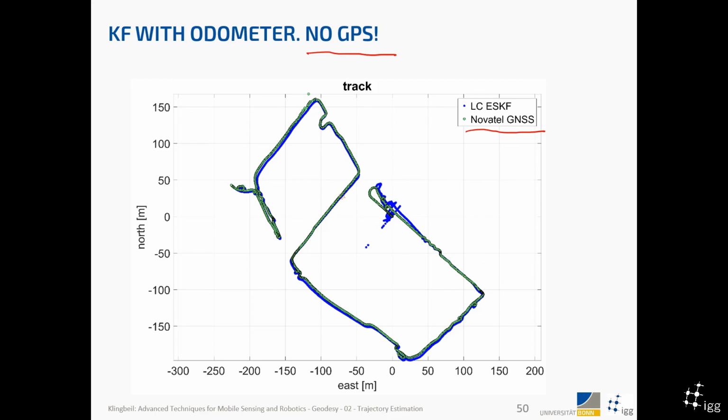And this is, of course, a valid reference system when it comes to evaluating odometer plus strap-down or strap-down only trajectories, because it is basically an independent system which is not used in the actual estimation of the trajectory. It just gives you the reference in this case. So that's pretty nice.